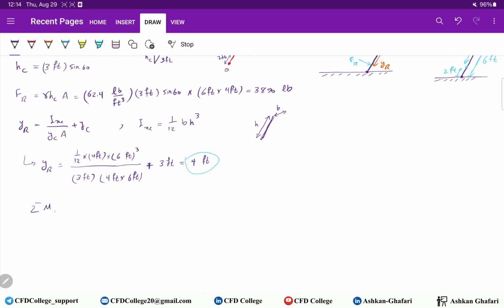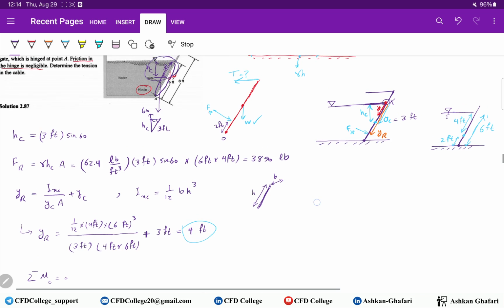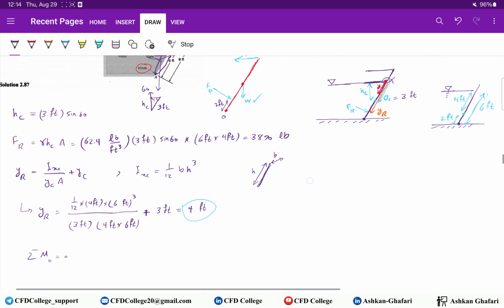So the summation of moments over O should be 0. We have 3 forces. This is the hinge, W.